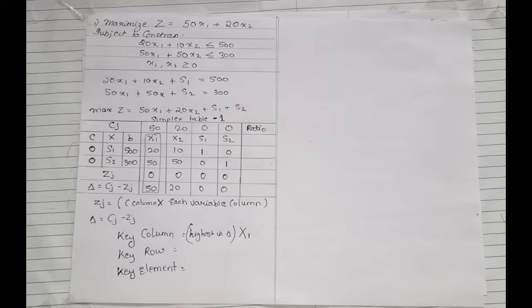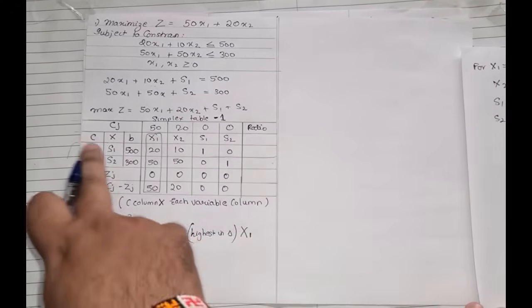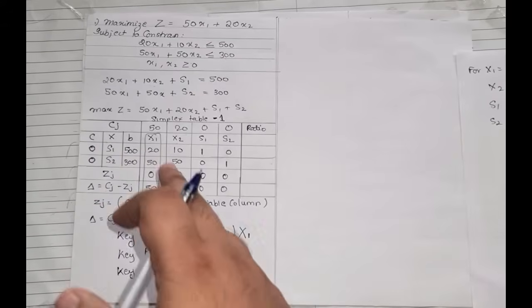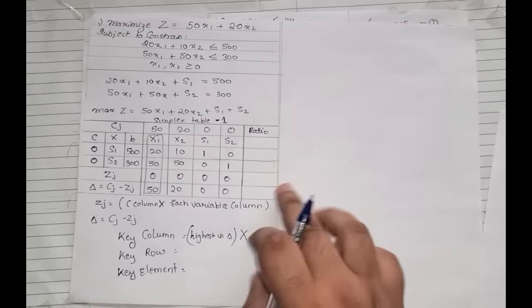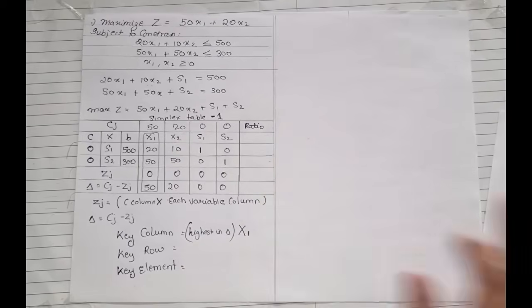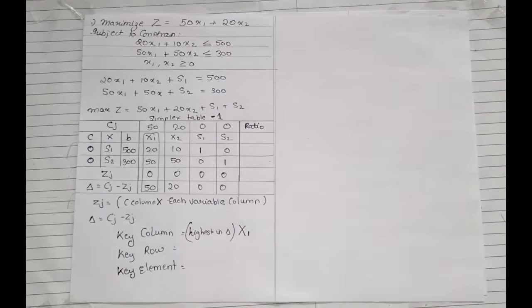Now in order to find the key row, because there can be two rows, S1 and S2, we'll have to select one. In order to find the key row, we'll have to find something called the ratio. How to find the value of the ratio?